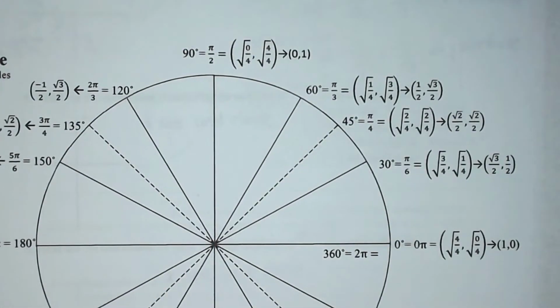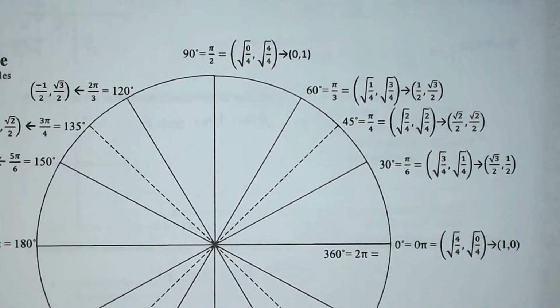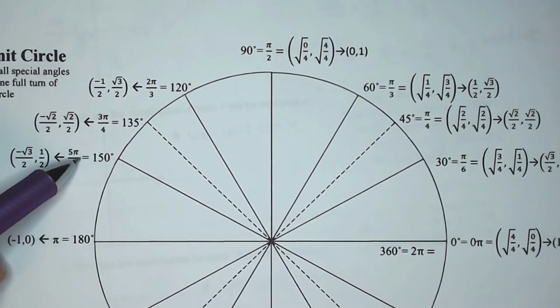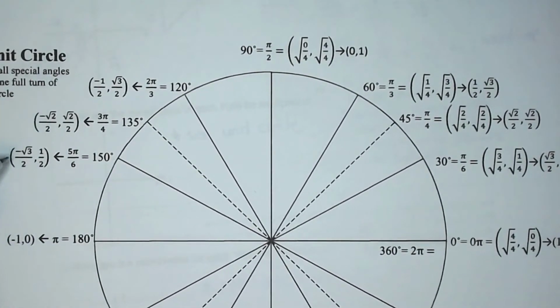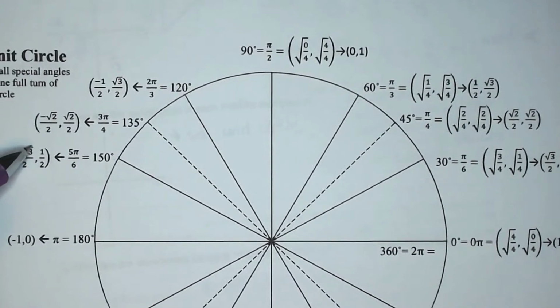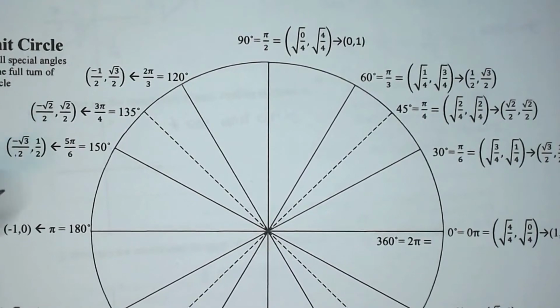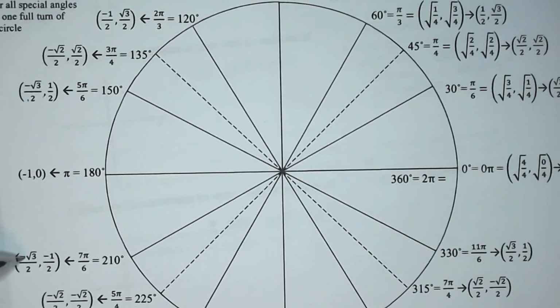Now, let's find some corresponding angles on the unit circle that have matching coordinates, but the signs are changed. So our first example would be at 150 degrees, it's negative root 3 over 2, 1/2. And then also at 210 degrees, negative root 3 over 2, negative 1/2.